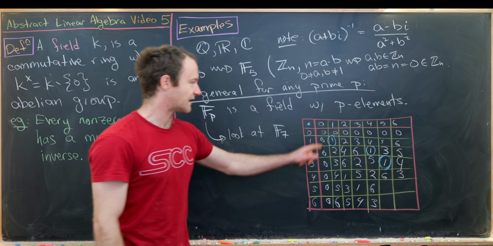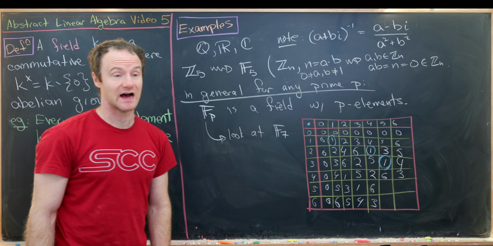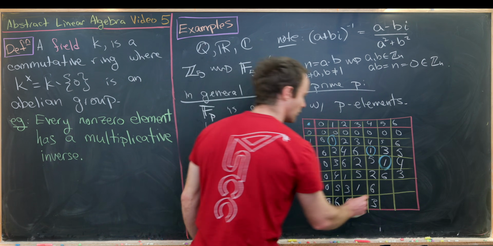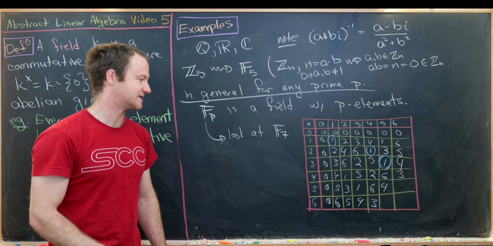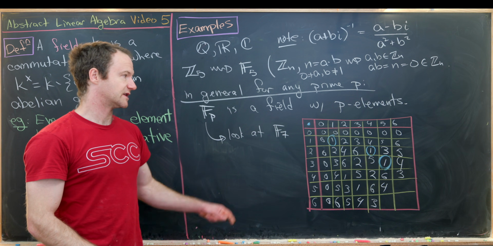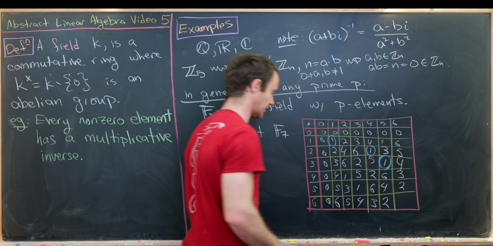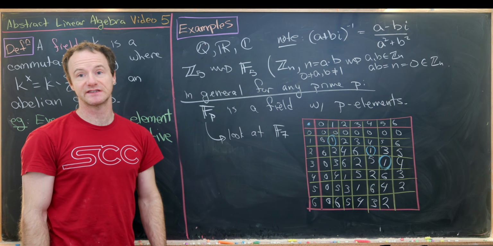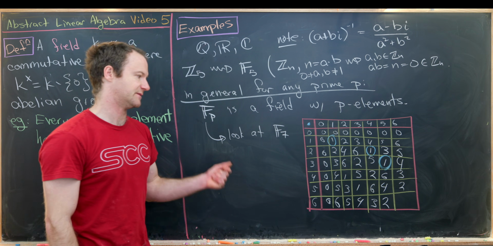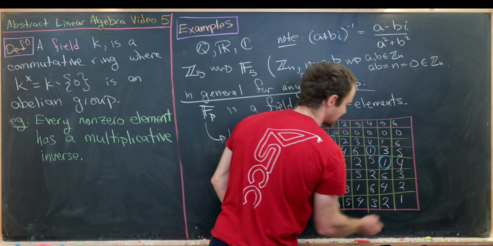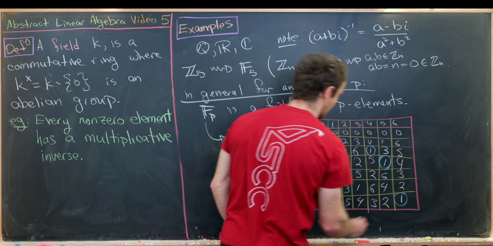Okay, so now 5 times 5 is 25. Let's see, 25 will be 4. 5 times 6 is 30. But let's see, 30 will be equal to 2. So we get a 2 here. Now 6 times 6 is 36. That's 1 more than 35. So that means it has a remainder of 1 when dividing by 7. And that's our last inverse pair.